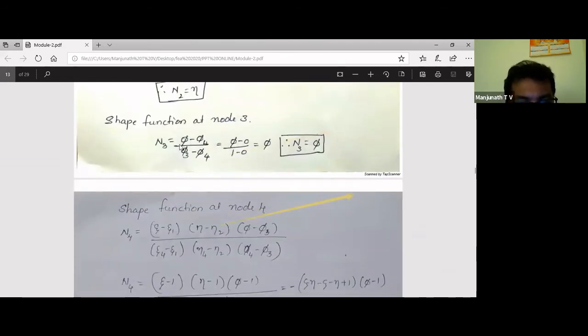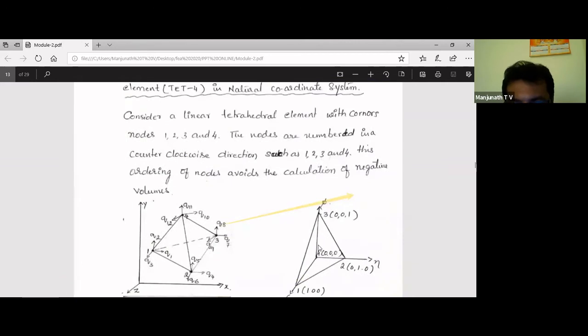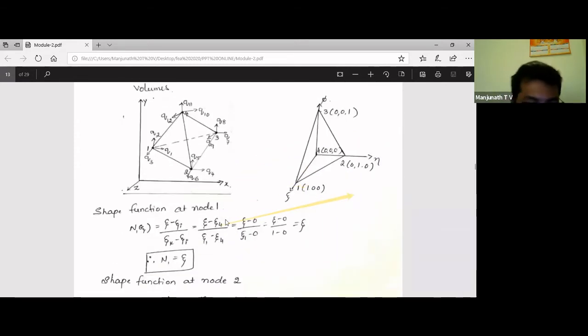Node number 3 is again in the psi direction, so we consider this element, and its nodes are 3 and 4. At node number 3 the zeta value is 0, the neta value is 0, and the psi value is equal to 1, and at node number 4 all the coordinate values will be 0 because it is the origin.